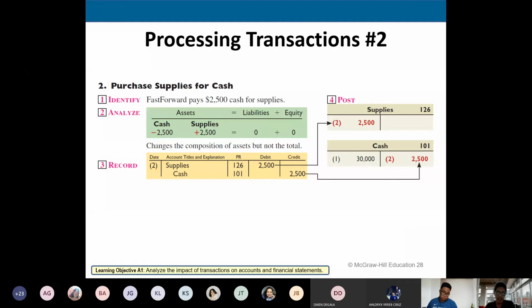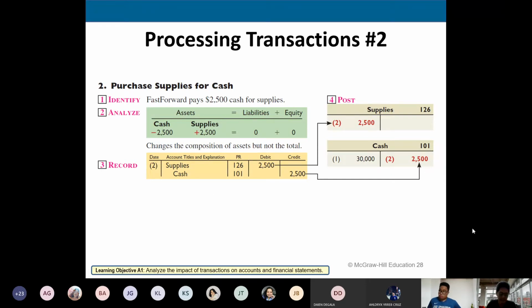For example, paper as a raw material in producing face masks. If you purchase that paper on account, we credit accounts payable.